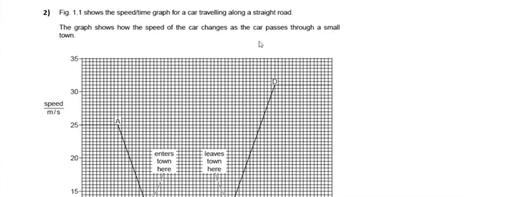Now the question number 2. Figure 1.1 shows a speed time graph for a car traveling along a straight road. The graph shows how the speed of the car changes as the car passes through a small town. So here you can see the speed time graph given over here. On the y-axis is speed and the x-axis is time.